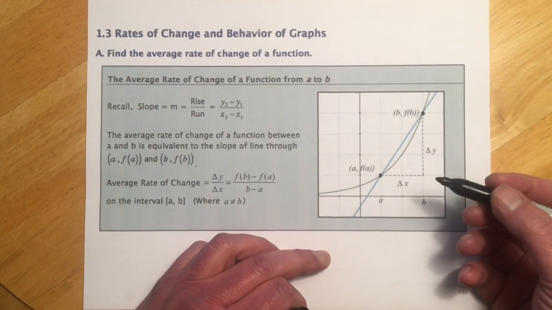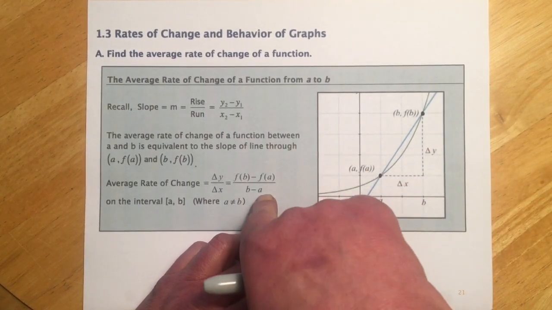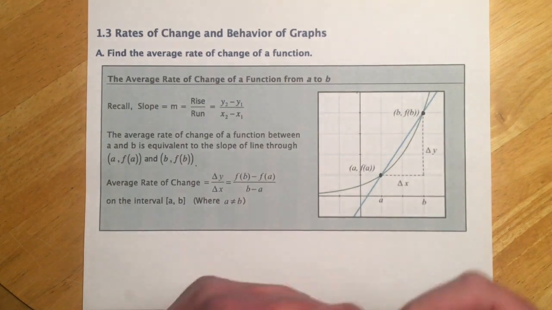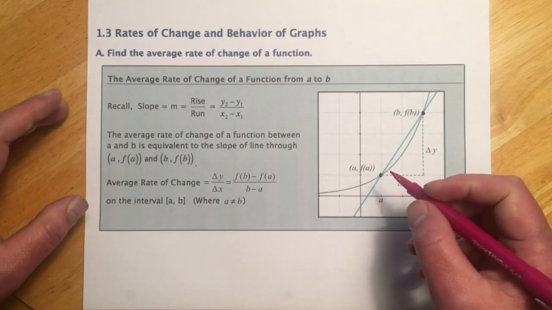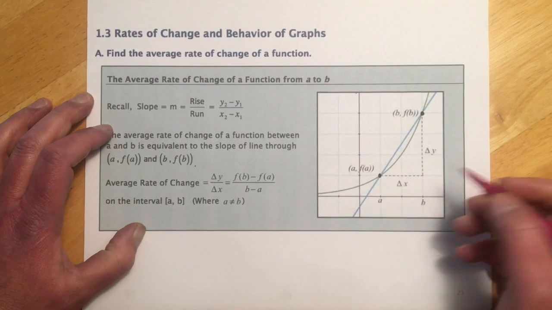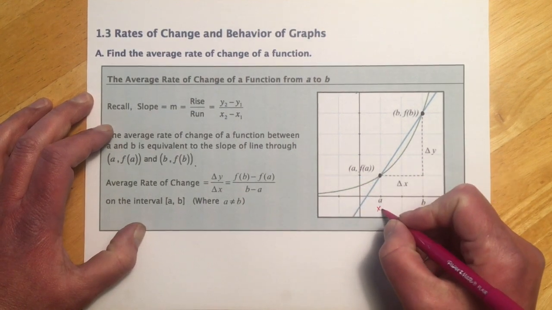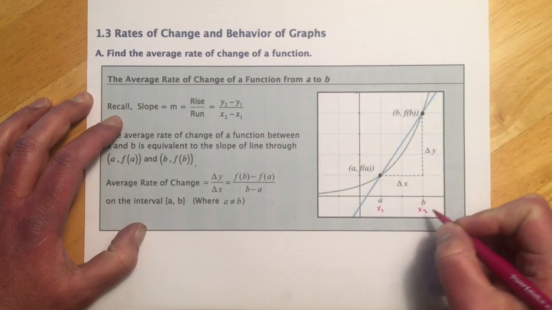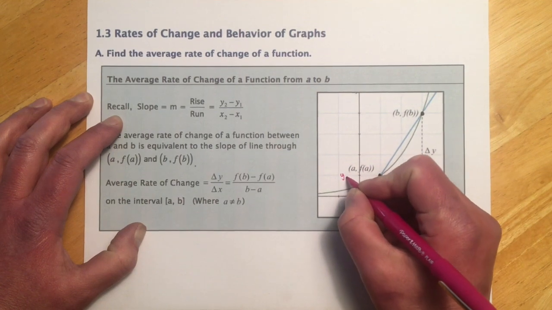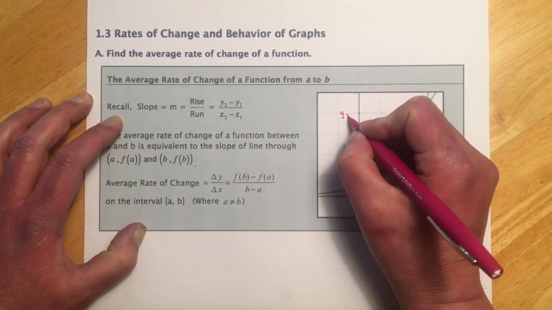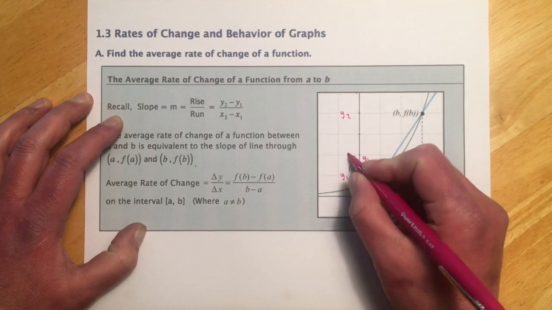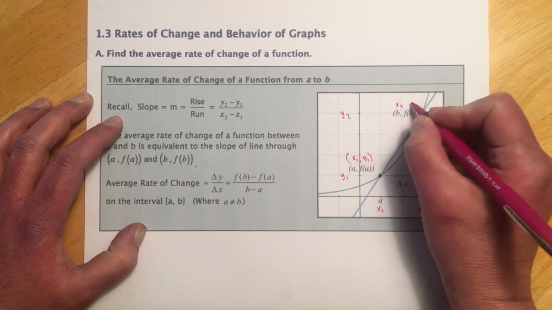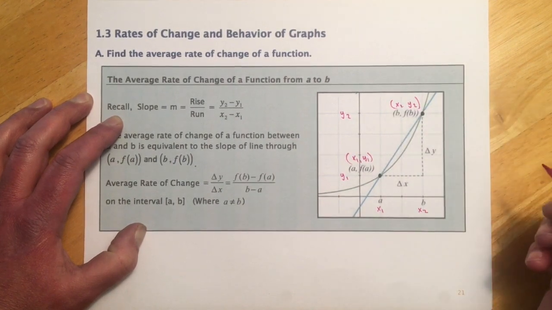And so this is our average rate of change formula, which looks a tiny bit threatening maybe. But if we can figure out how it corresponds to our slope formula, it makes it at least a little bit more understandable. So if this is A, back in the old days, that was our x1 and our x2, right? And then this would be like our y1 and our y2. And so these points are x1, y1, x2, y2.